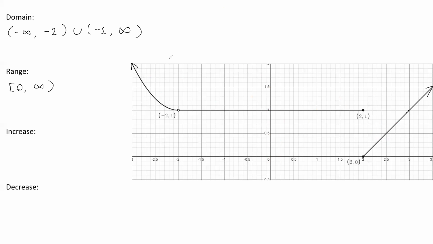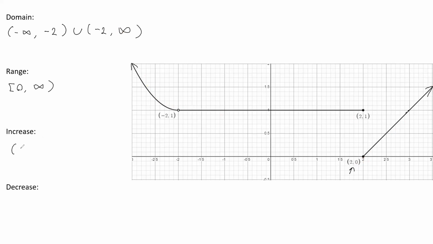All right, now we're going to look for our intervals of increase. We're going to walk along our graph from left to right. We're going downhill, downhill, downhill, constant. And right here, we start going uphill. So from x equals 2 to infinity, because this goes on forever, we're increasing.